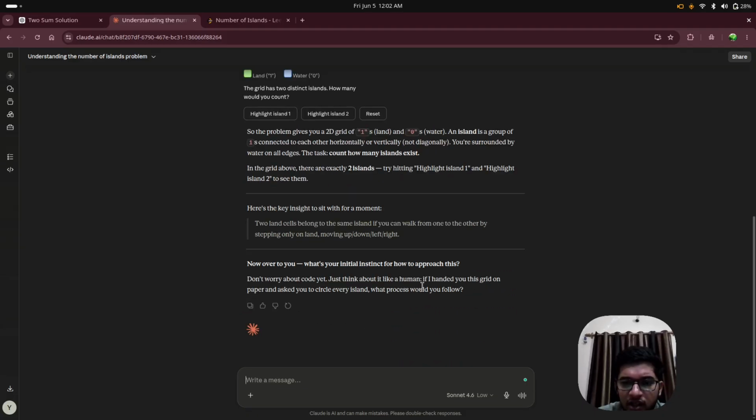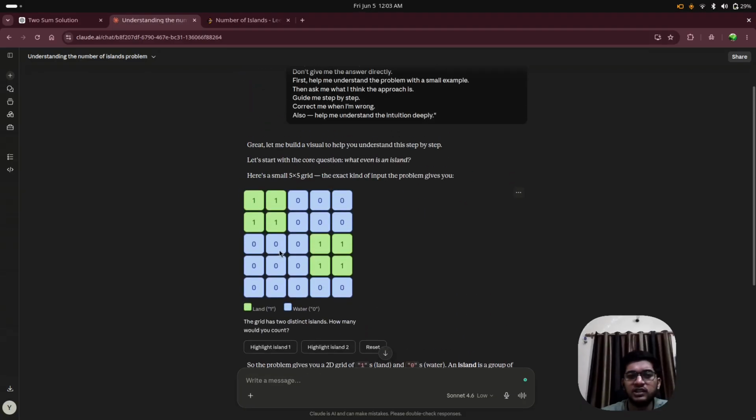It's asking me, if I handed you this grid on paper and asked you to circle every island, what process would you follow? And see, it's not giving me code. It's asking me to describe what I see in the grid. It's checking if I understand what an island means before we even start talking about algorithms. And this is exactly how a good tutor teaches.